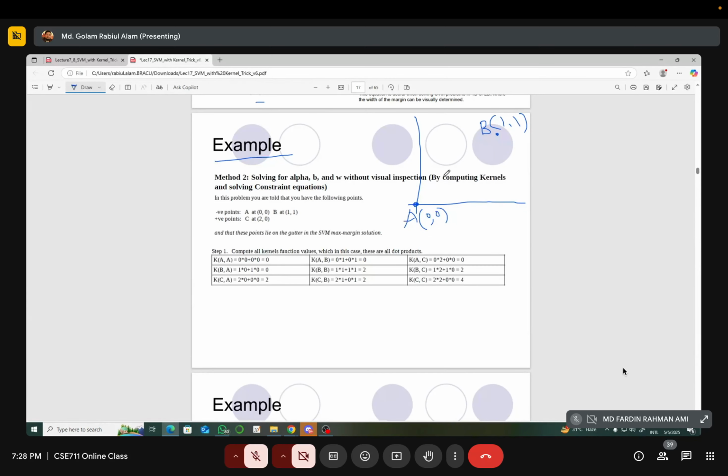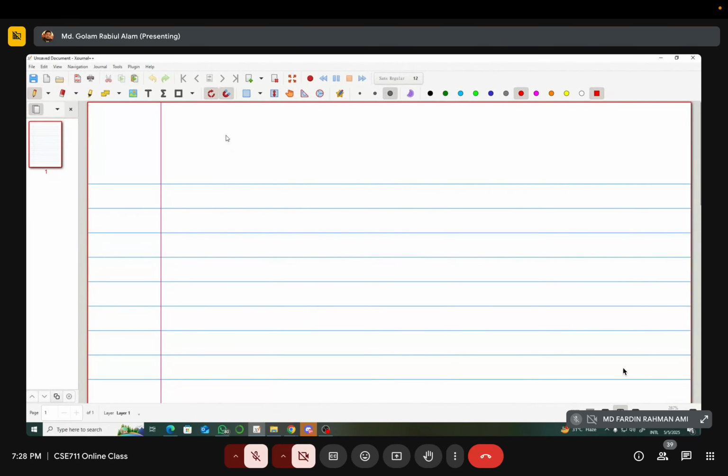And we have also another data point, that is the C. Okay, C is 2, 0. I think it's better if we can draw it here. So our first data point is A, and that is the 0, 0.